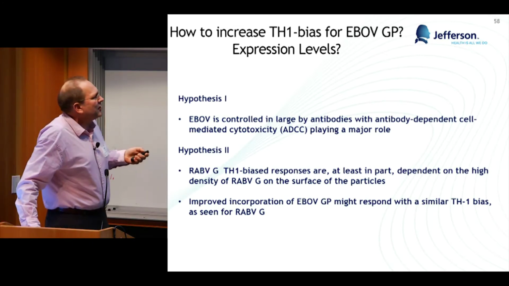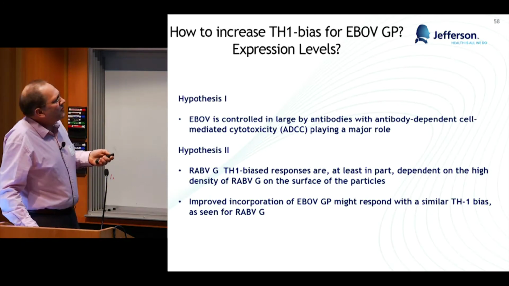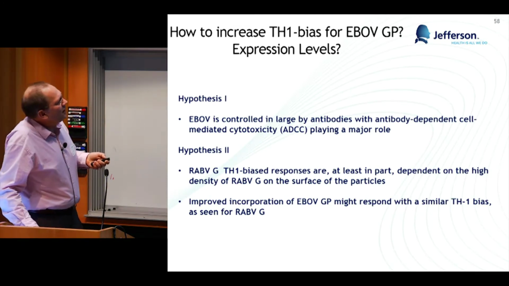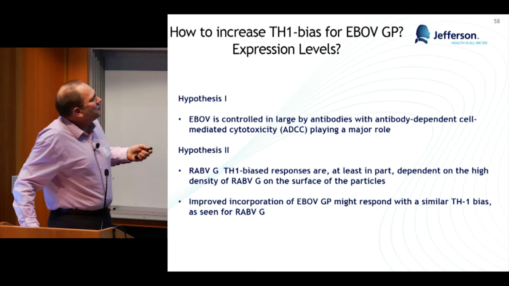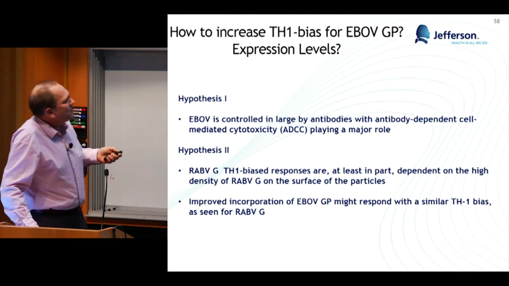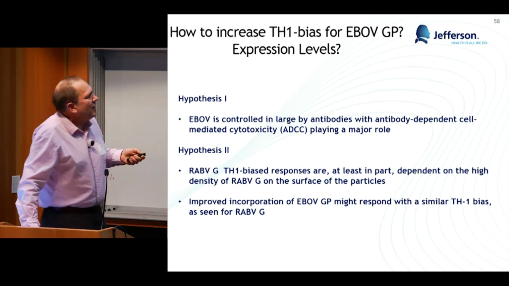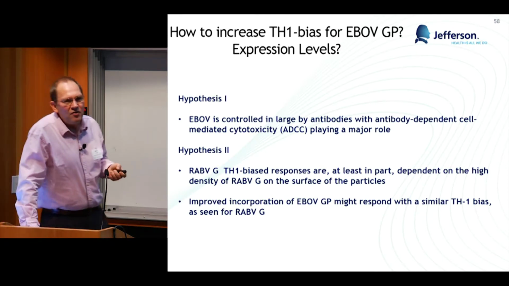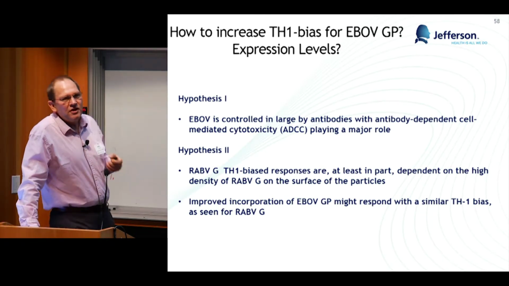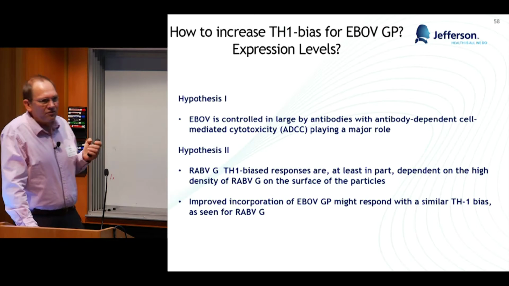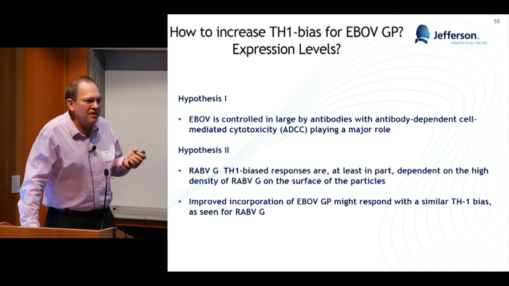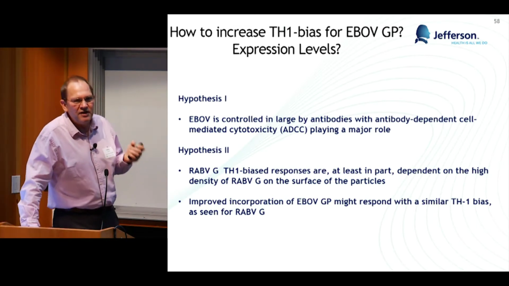And one theory, it's kind of a desperate one, is that the high density of the rabies virus G on the surface is important. There's really no good basis in immunology. I still think that recognition of structure is very important in immune responses. At least it makes sense.